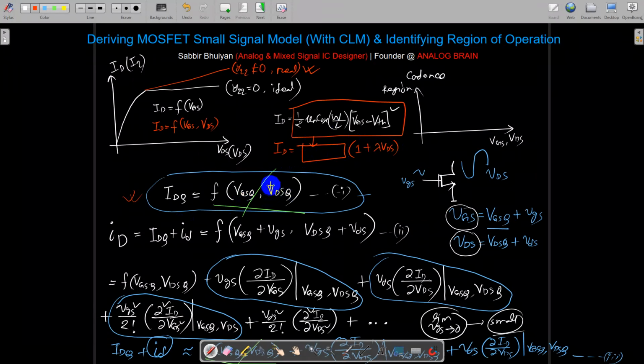It is also true for your triode region equation. You already know your triode equation. So you can approximate your small signal model for any region.